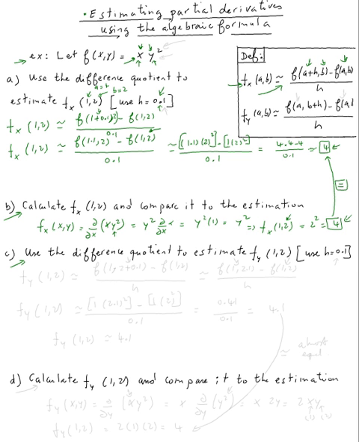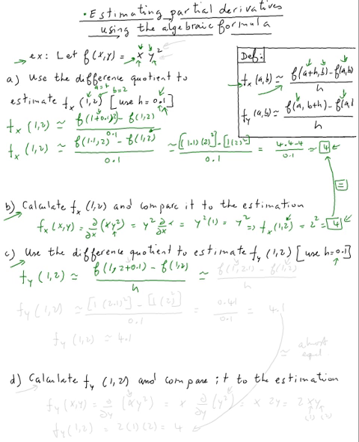So for question C, use the difference quotient to estimate fy of 1, 2. Again, fy, the partial derivative with respect to y of 1, 2, is almost equal to f of 1, then b plus h, so 2 plus h. My h happens to be 0.1 again, minus f of a, b, which is f of 1, 2, divided by h.